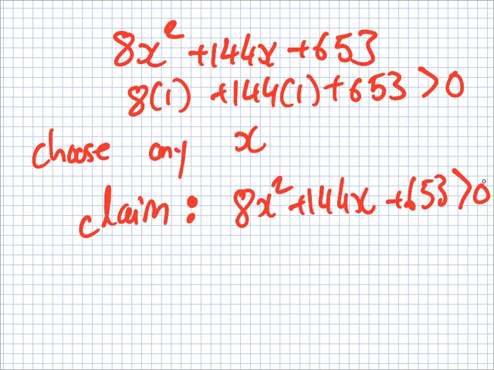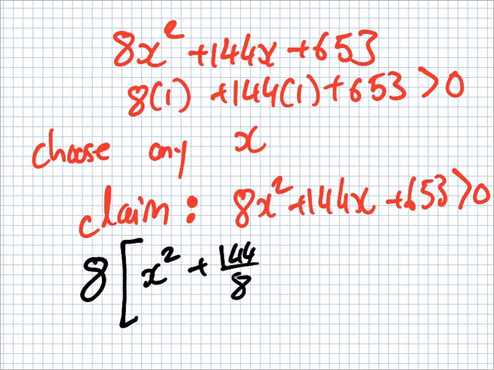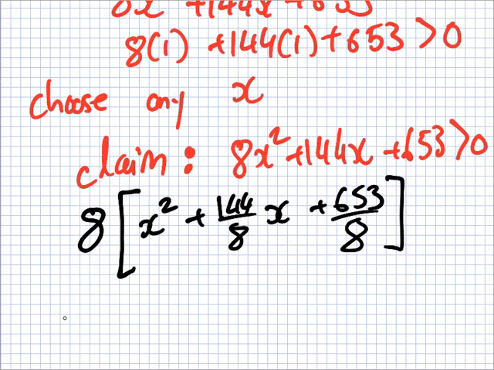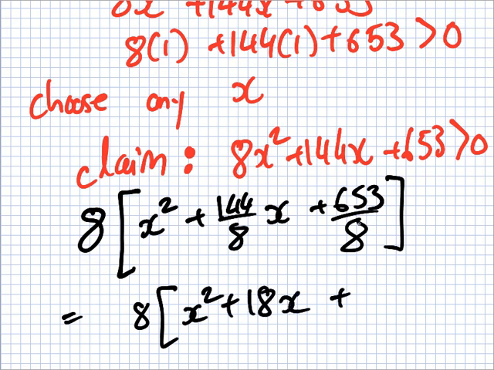But how can I prove that? Well, I can prove that by completing the square. So if I change it into 8 bracket x squared plus 144 over 8 x plus 653 over 8. 144 over 8 is 72 over 4. Is it that 18? Yeah, it's 18, isn't it? x squared plus 18x plus, is this anything? No, it's not.